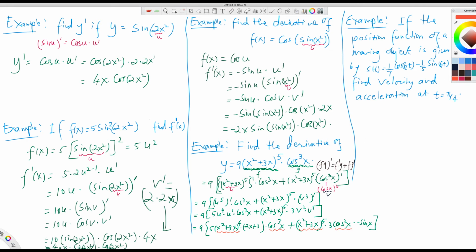So if you do that, what do you get? You will get 9 is there, right? And then x squared plus 3x to the 4. The lower exponent comes out from these two, and then cosine square x. If you take all those out, what is left is 5, this is gone, right? So 5 times 2x plus 3, and there is 1 cosine x. And the minus, why minus?